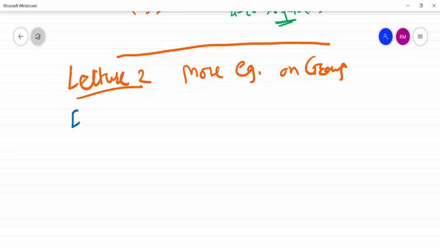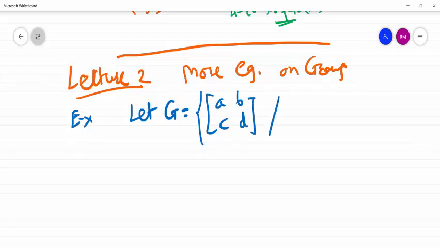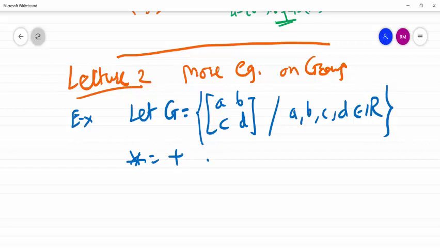So suppose we take set G is a set of matrices of order 2 by 2, where these a, b, c, d are real numbers, and we take the binary operation as addition, the usual addition of matrices.